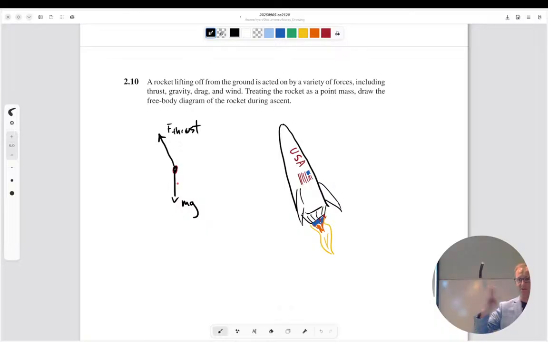Thrust is always gonna be along the rocket. I always call the force of drag FD, pointing away from that thrust, because my assumption is that wherever thrust is going, that's where all the speed is.